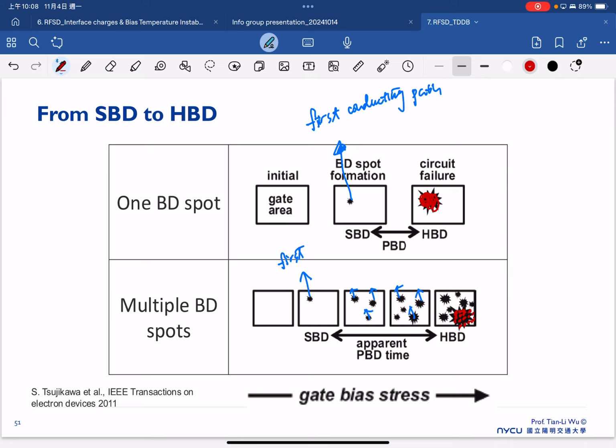Everyone can quickly understand that the breakdown can happen first here, but it can also happen second in the other region, until we reach the moment that one breakdown path is getting bigger and bigger and completely dominates the whole breakdown characteristic, and then we reach the hard breakdown. So this is also important and can be well explained by the population model.